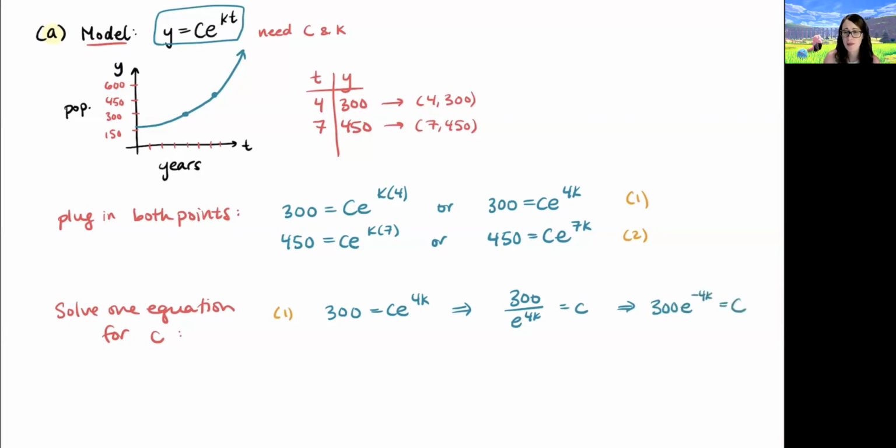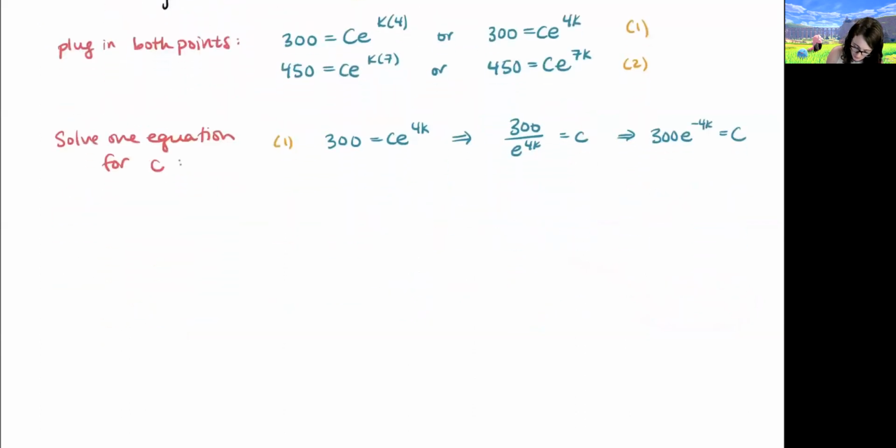Now what I'm going to do with this is put it into the other equation. I'm going to take this and put it in for C into here. Why? Because then I'll get rid of the C and we'll be able to solve for K. So we want to substitute this into the other equation.